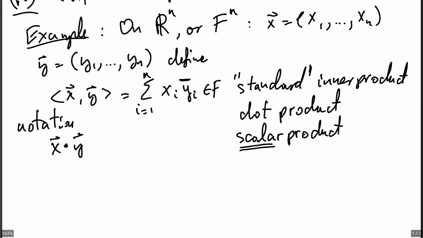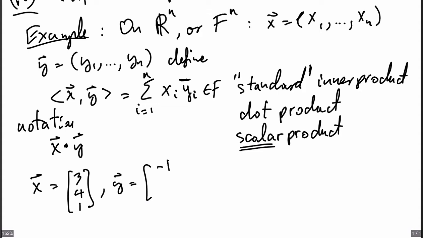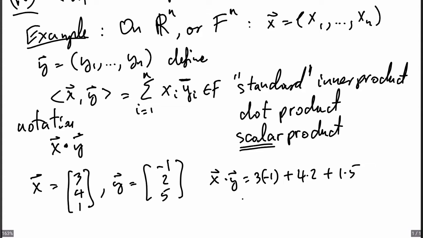So a specific example would be, for example, if x is the vector 3, 4, 1, so we are in R3, and y is -1, 2, 5, then the dot product will be 3 times -1, the first components multiplied together, plus 4 times 2 plus 1 times 5, so -3 plus 8 plus 5, we get 10.